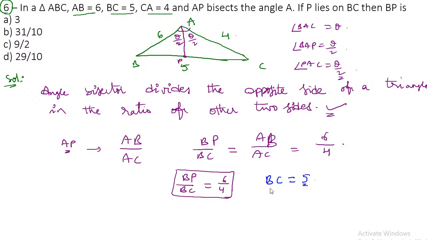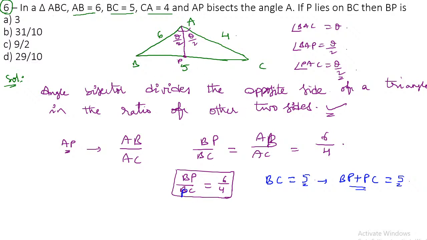And BC is BP plus PC, which is equal to 5. So now we can find BP by substituting these values. Sorry, BP by, this is PC, isn't it?